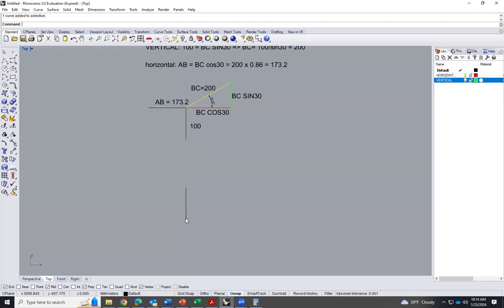So if we start at this point and we want to end up at this point, I have to copy this line to be here. I have to draw a horizontal line here. There will be an intersection, this and that. So that's going to be BC.